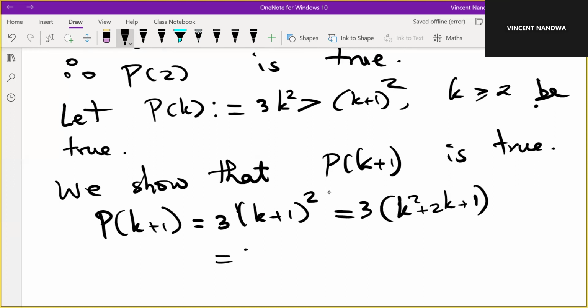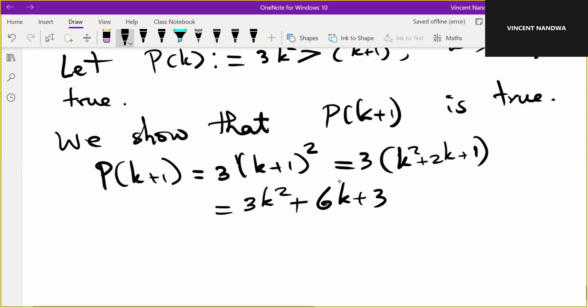So when you open, we'll have 3K squared plus 6K, then 6K plus 3. Good. So then now, we can complete the square for these terms in K. Before I do that one, we actually have to foresee the relation we need to check for this step.